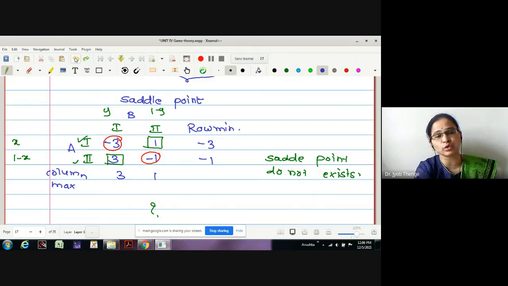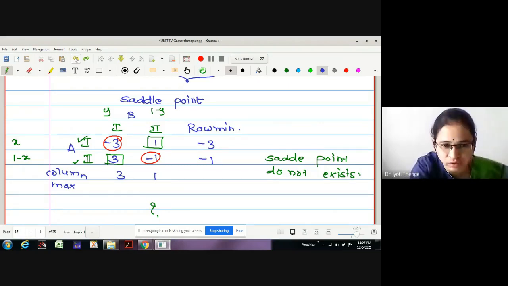Therefore, there are two maximum expected losses for player B, and out of the two, he will find the minimum. In this way, the same maxmin and minmax criteria is applicable, but instead of direct gain or direct loss, the words are replaced with expected gain and expected loss. This is simple.